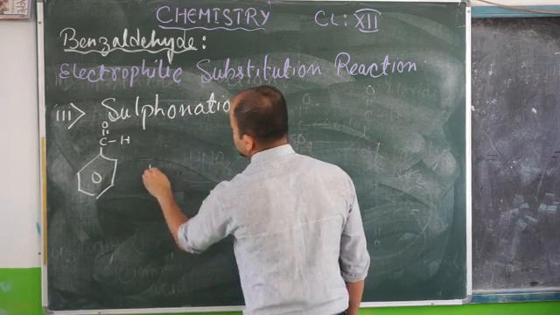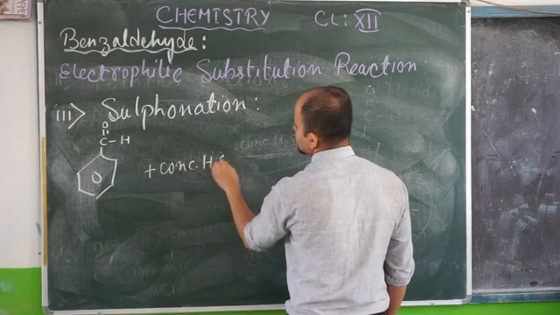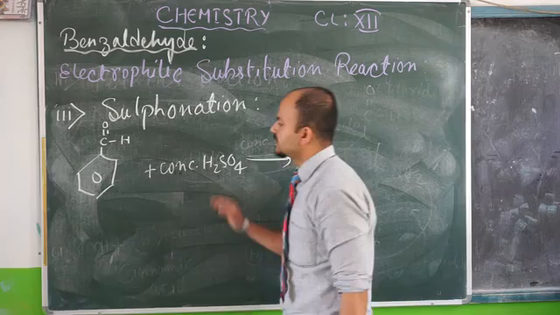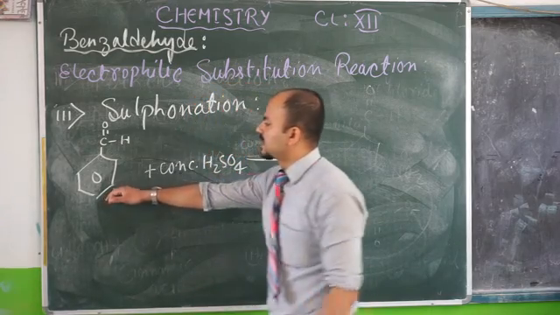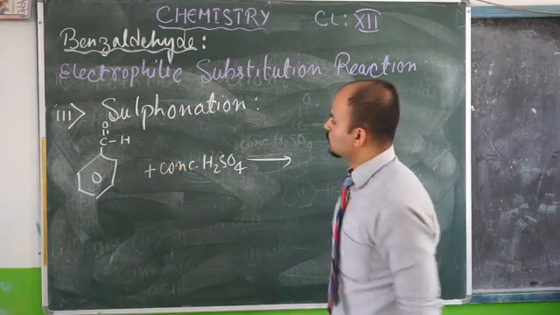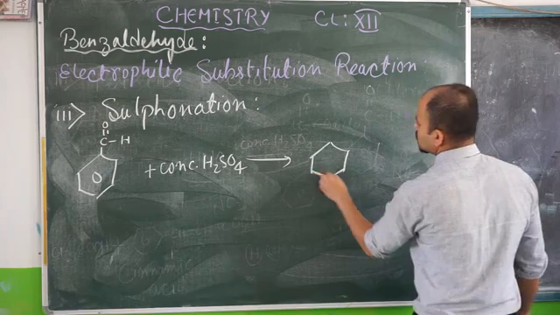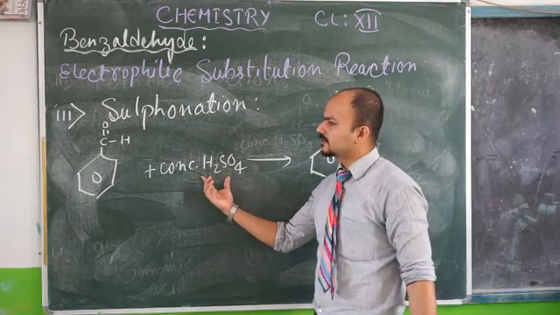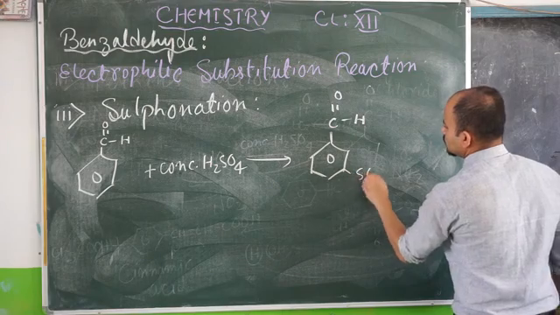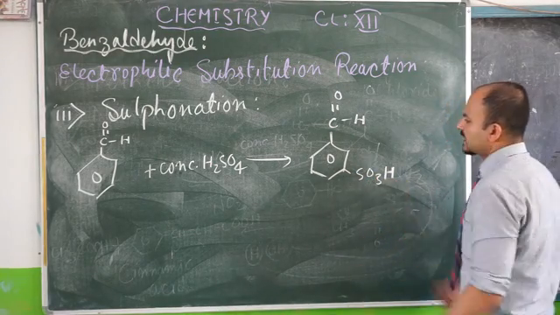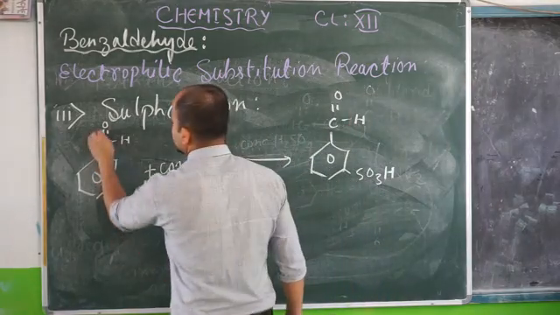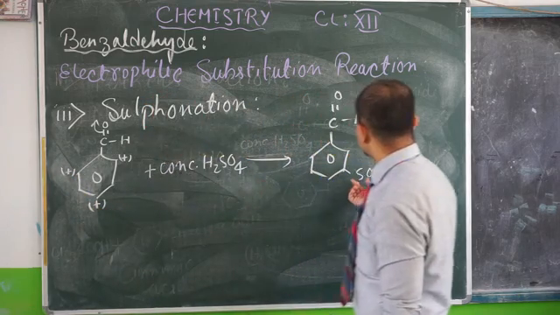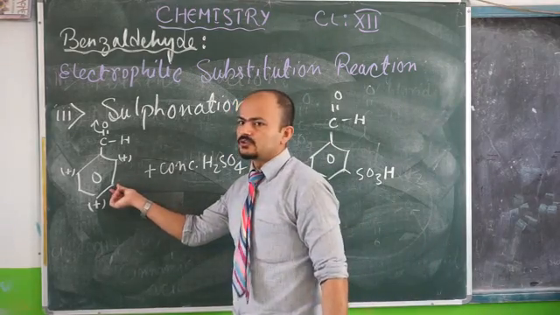Now whenever it is treated with concentrated sulfuric acid, addition of SO3H takes place at meta position, as we have discussed in case of nitration. Why? So here, C double bond OH. Okay? Now from this condition, what will you get? You will be getting SO3H coming at meta position here, because electron withdrawing group makes ortho and para positions positive. Therefore, this SO3H group can come at meta position.